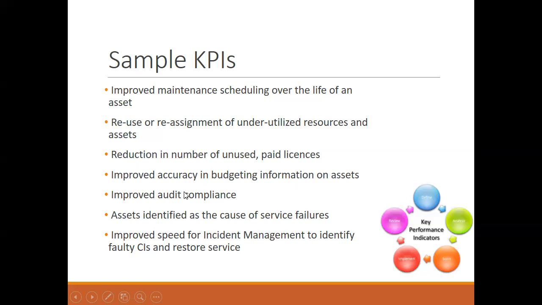Again, maybe we have assets around that are not being used. Maybe assets are being used in a way that they're not supposed to be. People are taking them out of the organization. With our configuration management tool, we should have all those things recorded so that we can identify that. When there's a service failure, do we know where the asset is that was involved in that, etc.